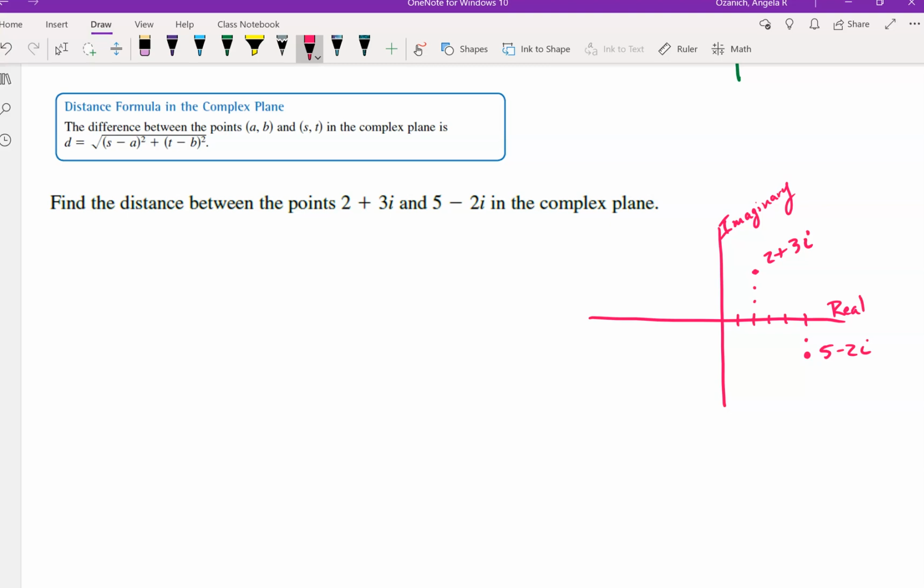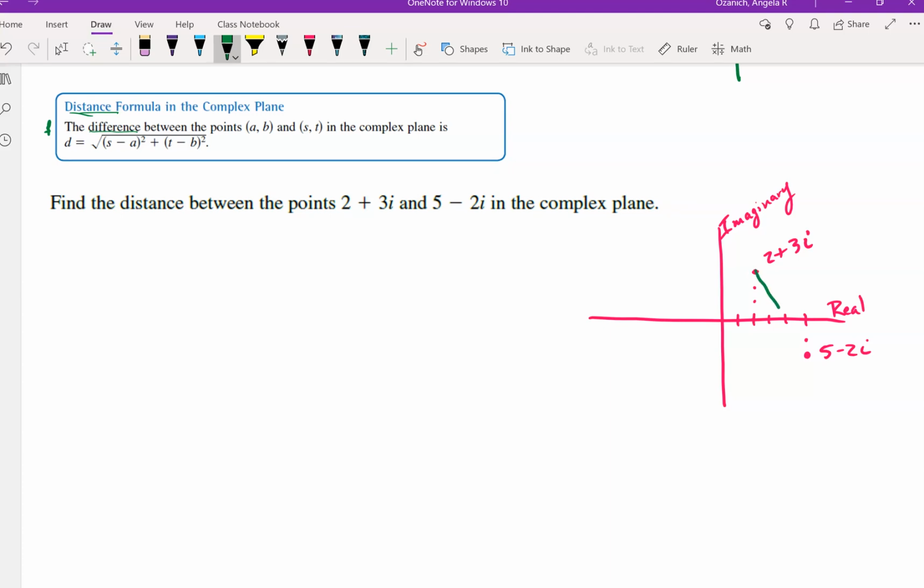And I actually want to find the distance. I think this wording should say the distance between the points, maybe not the difference between the points, because this is the distance formula on a complex number plane.